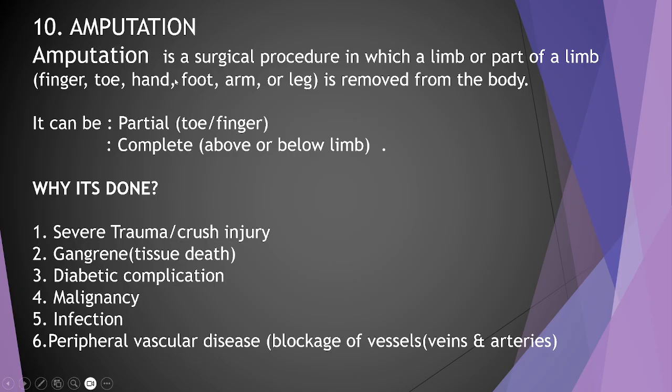Okay, so why is amputation done? Because of severe trauma, because of tissue death, if there is a blockage in the veins and arteries, and if there is an infection in an area of the limb or a part of the limb, and if there is a diabetic complication or infection. So for that purpose, amputation is done.